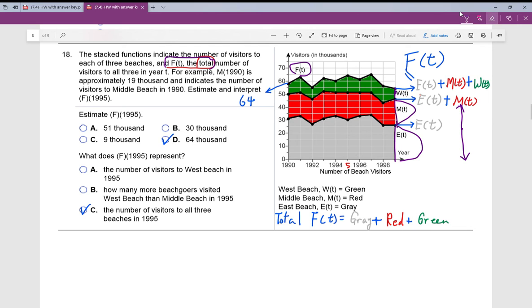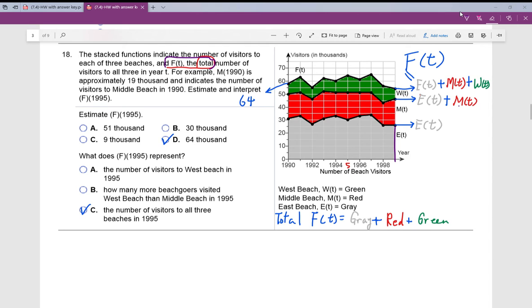Now, let me erase my marks here so you can see better. I would like you to read the question and then read my work first. This graph is e plus m, and f is the top function.